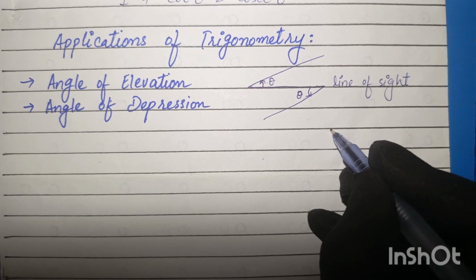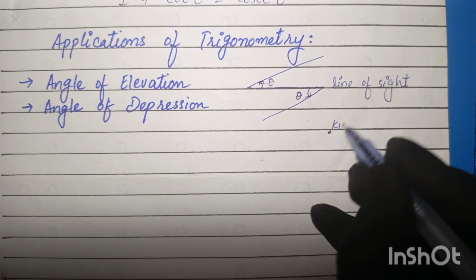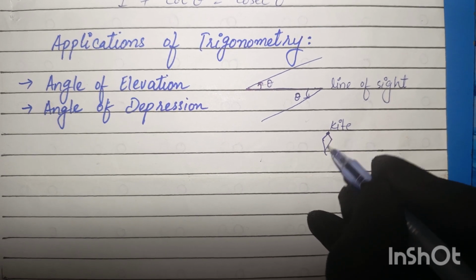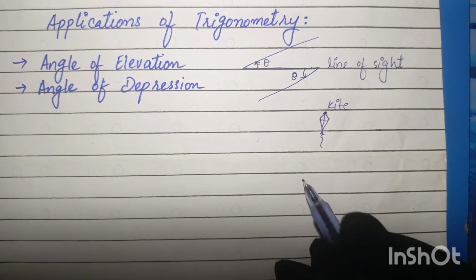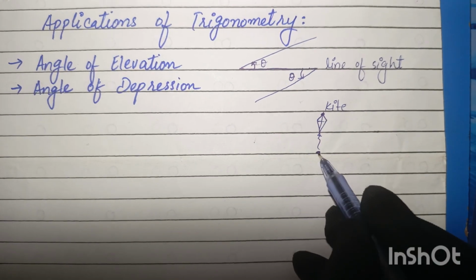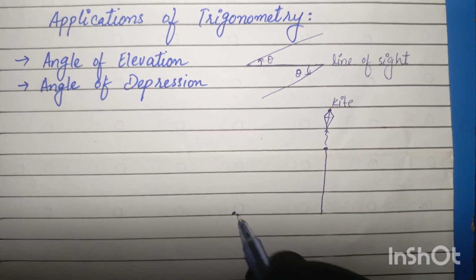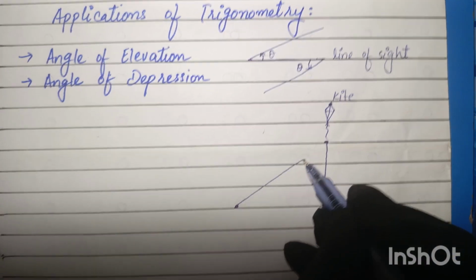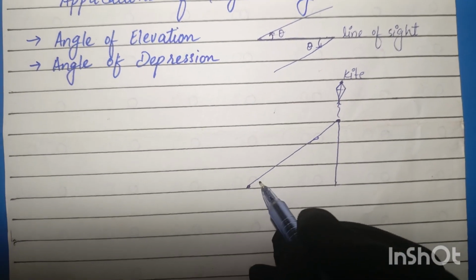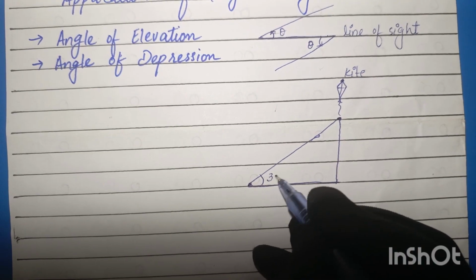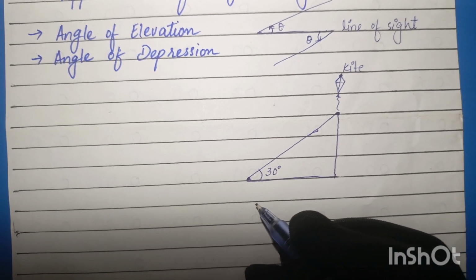If a kite is flying here at this point, and a person standing here can observe the kite at an angle of elevation of 30 degree.